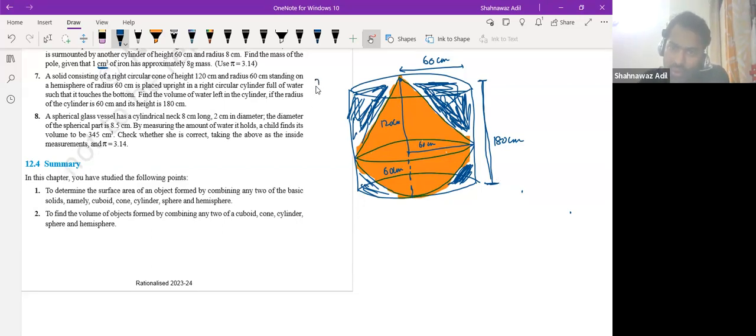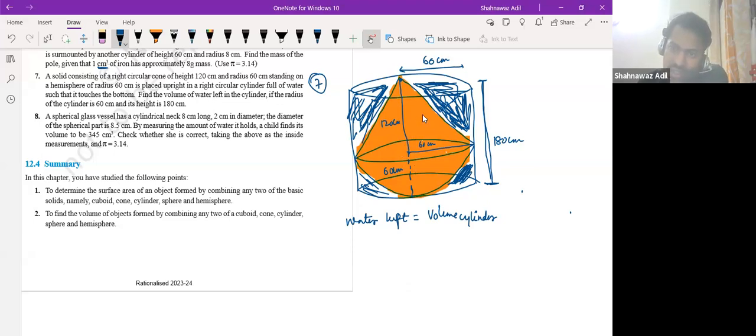So what would be the water left? Let's say if we remove this thing, the total capacity is the volume of this cylinder, right? This is the total capacity. Whatever this toy, right?